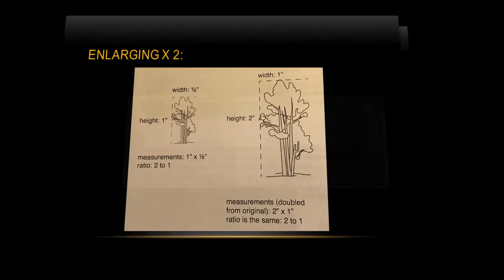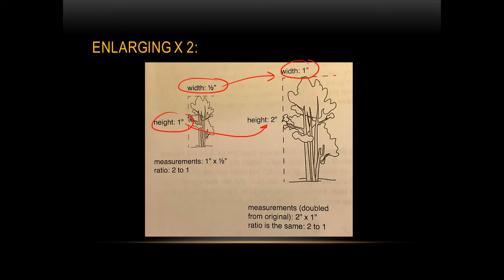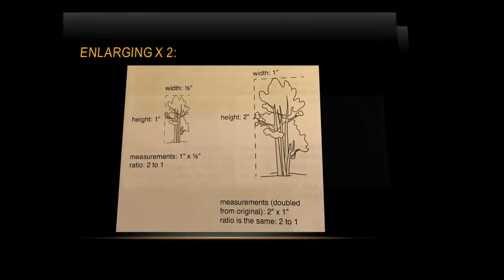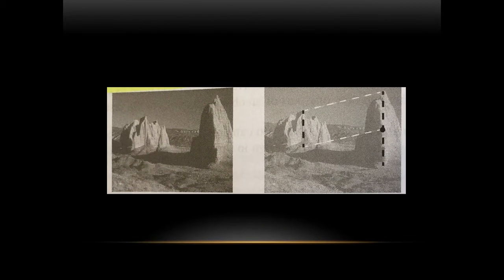Now, you have to be careful when you're enlarging things and reproducing them. You're not just working with one object, okay? So here are our 2 rock formations. When you're drawing and trying to do it accurately, you have to make sure that this rock formation is the proper height relative to this one. If this one is this height, this rock formation has to be approximately twice as much as this.